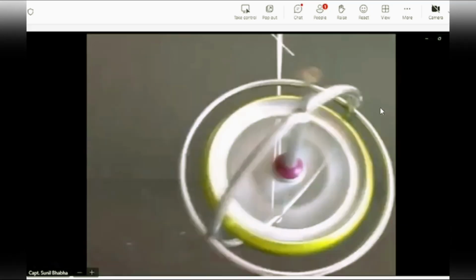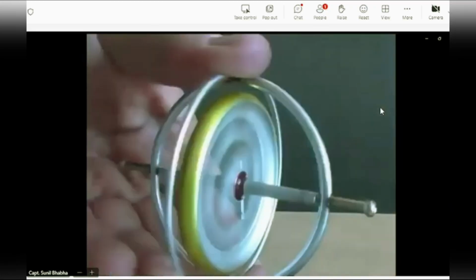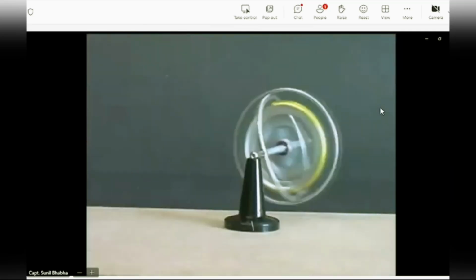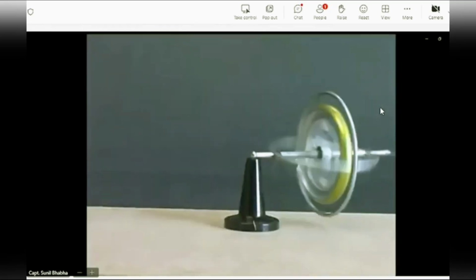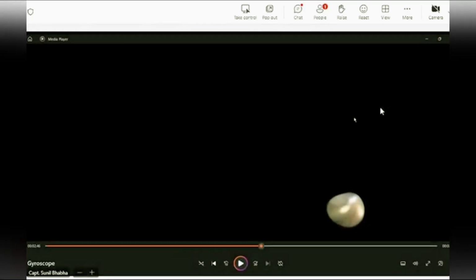But now gravity is trying to push it down. The force gets turned by 90 degrees in the direction of spin and it starts moving in the horizontal plane. This interesting behavior is difficult to explain. Physicists have determined that a rotating wheel has angular momentum, similar to the momentum that a stone flying through the air has. Okay, all right.